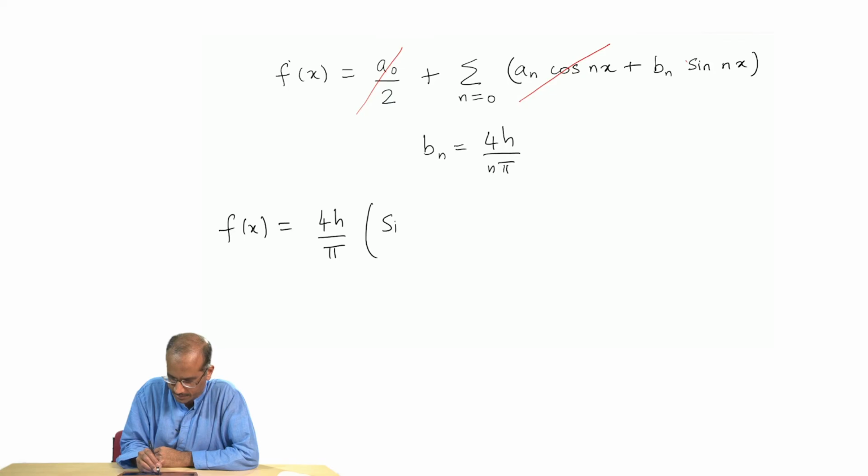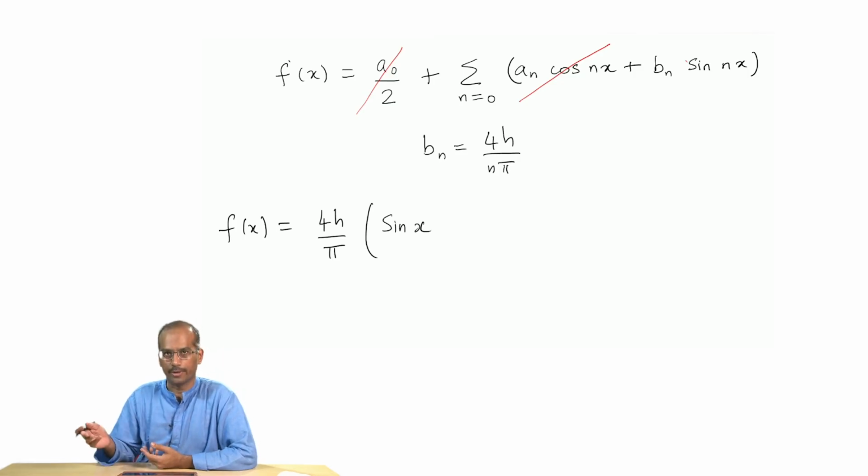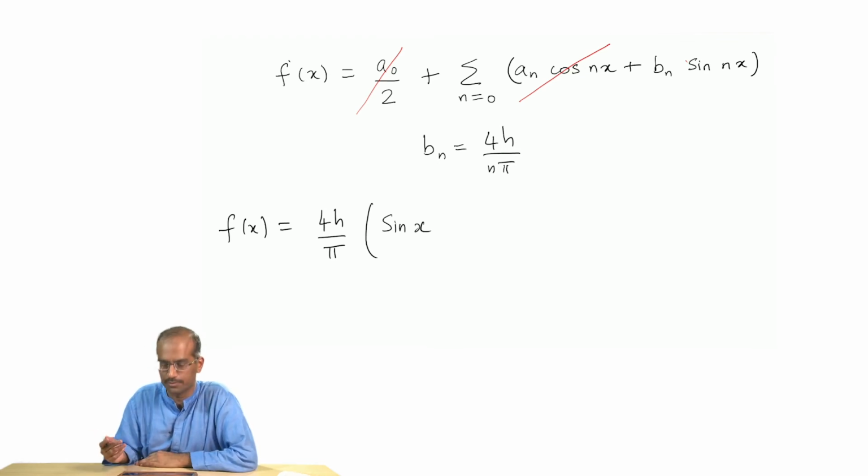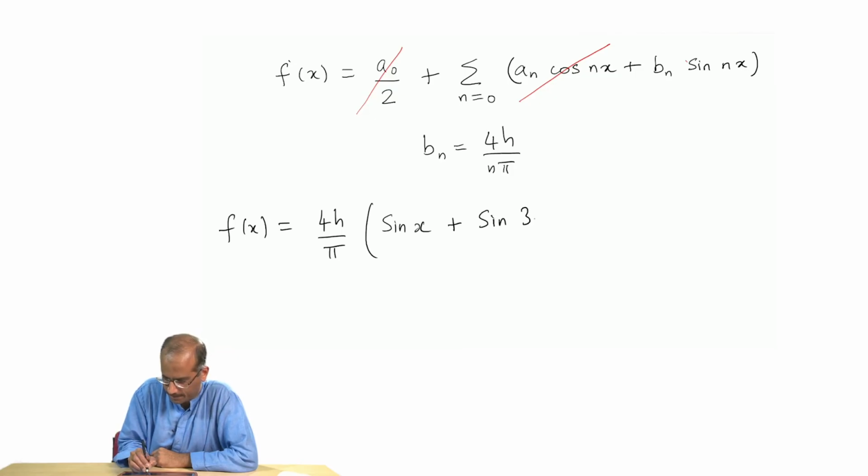That will be sin x. The next term will be sin 2x, but we have said that for even n the value of Bm is 0. So, that term will not exist. The next surviving term will be sin 3x, and of course, there will be a division by 3 here because of this n, plus sin 5x divided by 5 and so on.